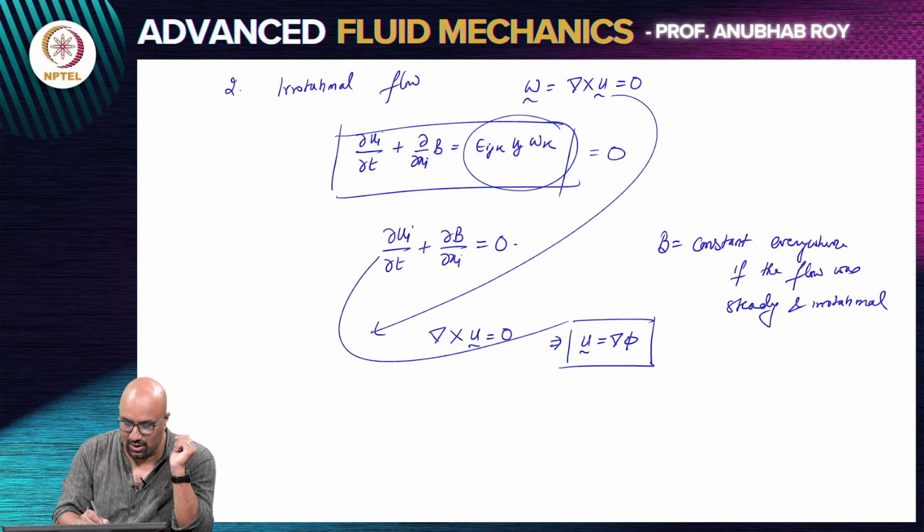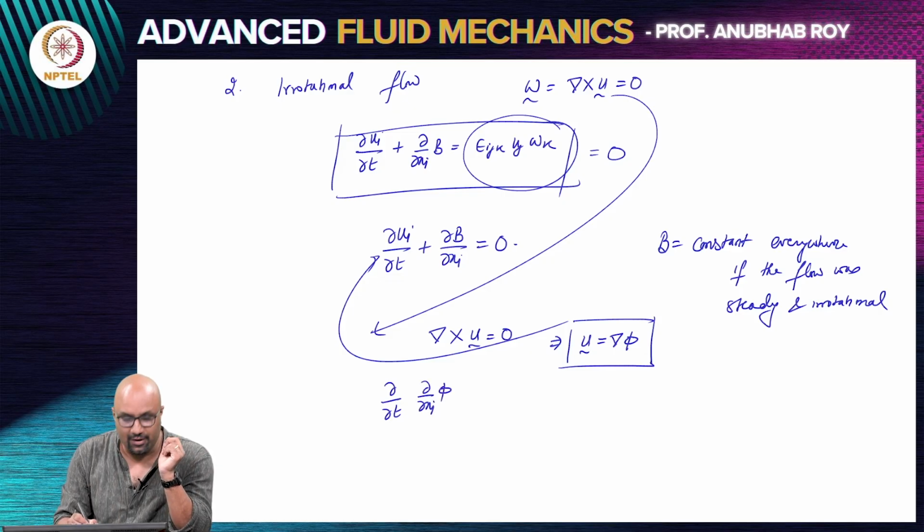Now, go back to this equation. If the flow is irrotational and has arbitrary time dependence, u will still always be a gradient of a potential because it is irrotational, it has 0 curl. So, going back to my Euler's equation, I can write ui as ∂xi of phi, plus ∂b/∂xi is equal to 0.